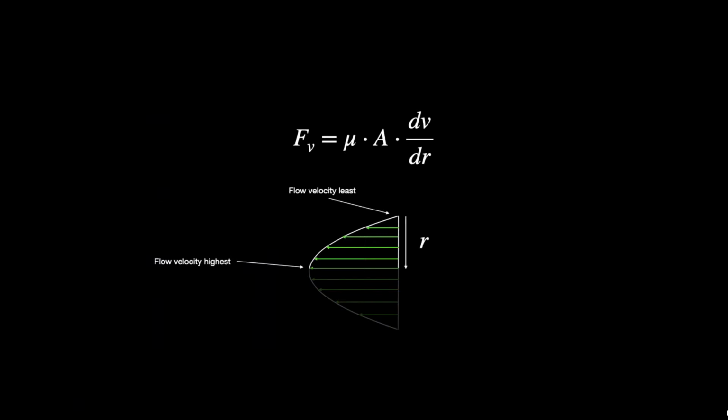Going from the top down, that's r, that's the radius, and you can see the flow velocity is highest at the center, and the flow velocity is least at the wall. So the velocity is changing with respect to r. Start from the point where the velocity is least, and then go down and check the green arrows. The velocity is changing. It's increasing, it's increasing, then boom, it's at maximum at the center.